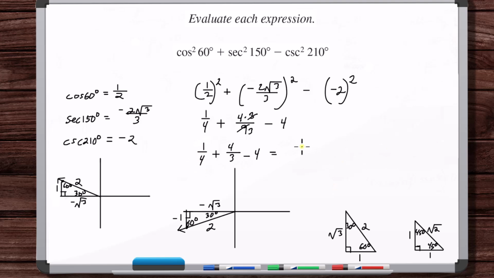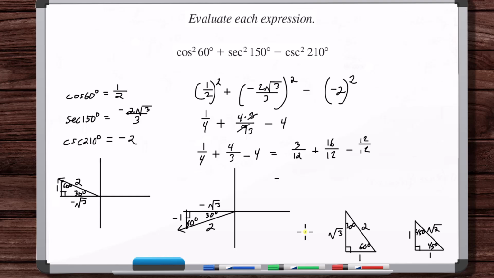Okay, this times 3 over 3 is 3 over 12. This times 4 over 4 is 16 over 12. And then this times 3 over 3 is 12 over 12. Okay. So 16 minus 12 is 4. 4 plus 3 is 7. 7 twelfths.